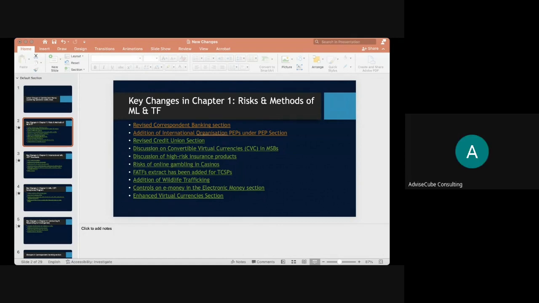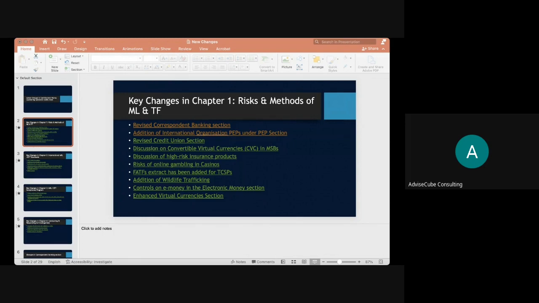Okay, convertible currencies. Within the section on money service businesses, we all know that they primarily convert one currency to another, or if we want to send funds from one country to another, they transfer these funds through their own correspondent relationships.